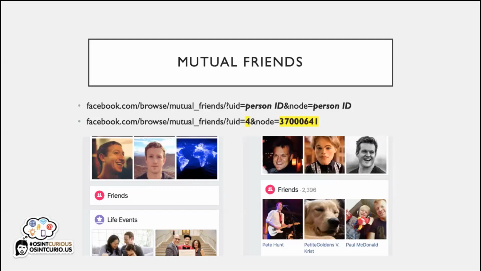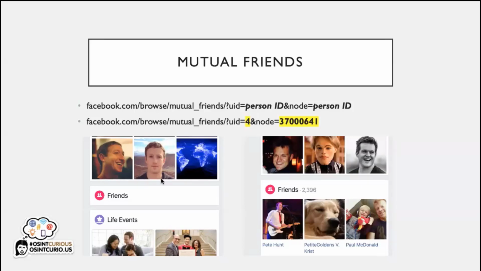Yes. This particular person who I'm now comparing Mark Zuckerberg with, I found because this guy was liking some of the photos Mark Zuckerberg had posted. So I assumed they had some mutual friends in common.